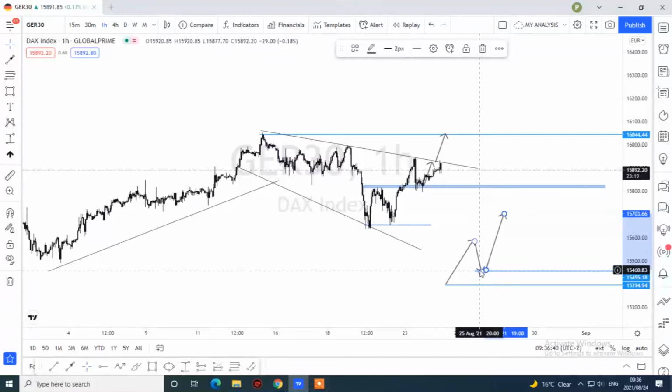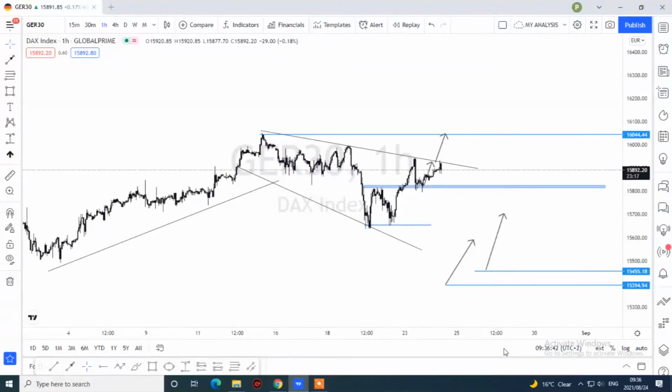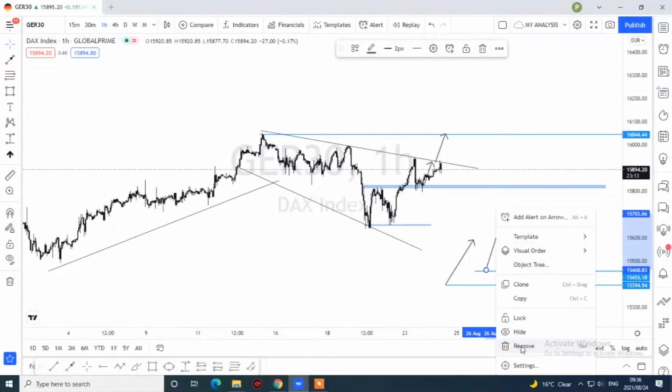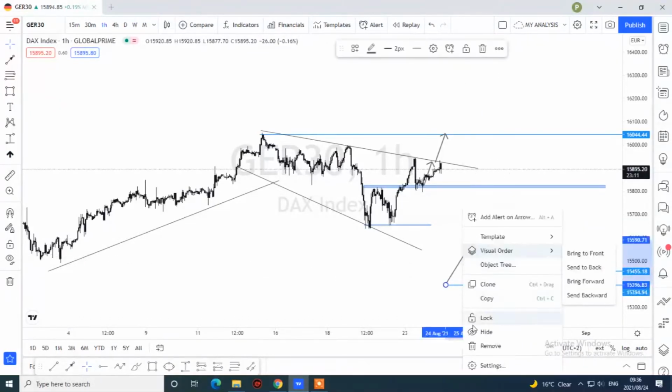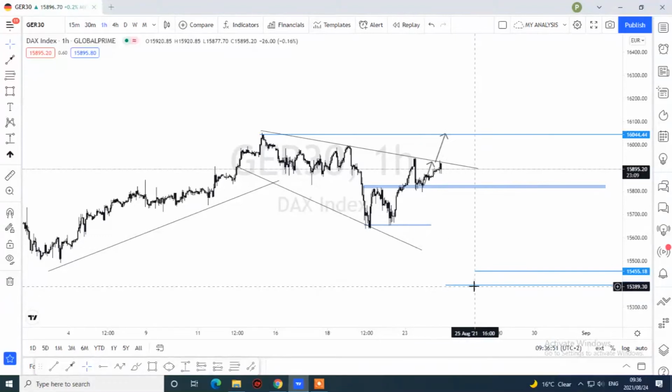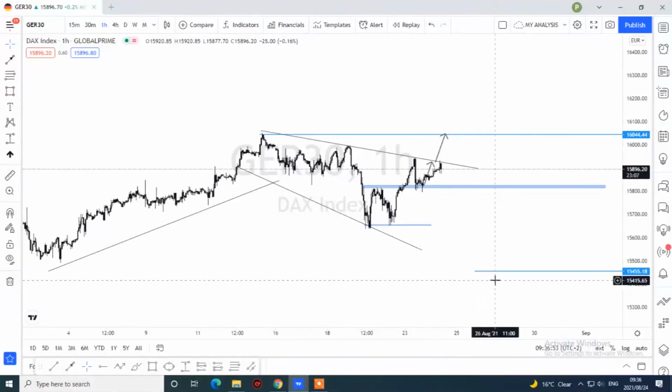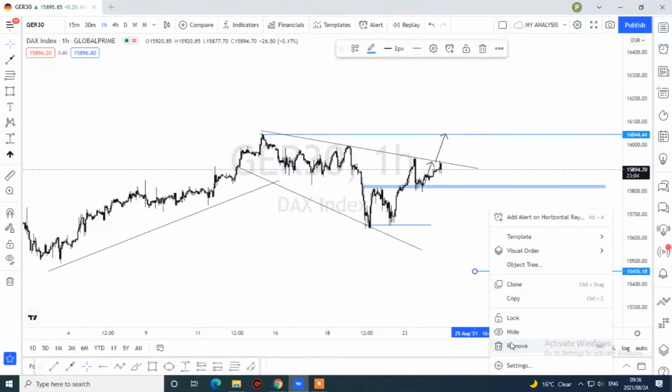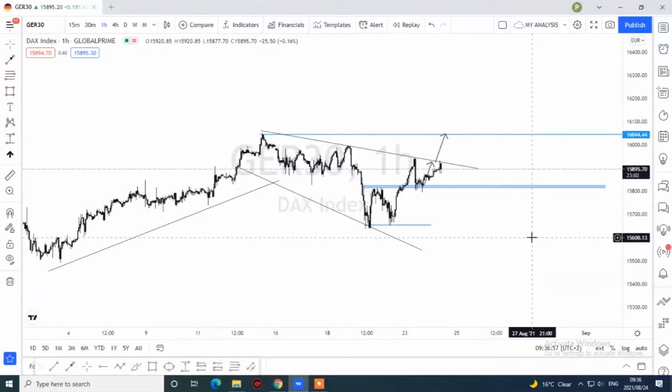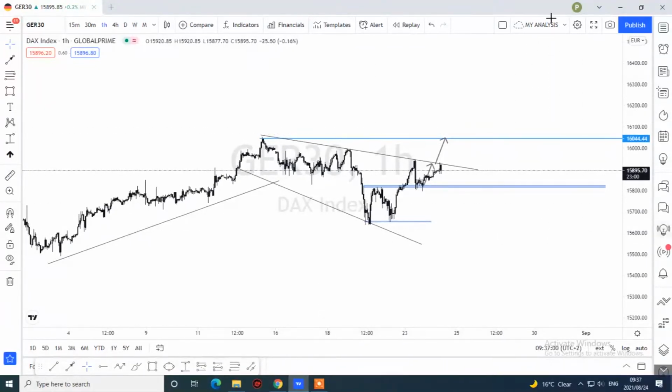But now it's actually on our resistance, sorry about that. So let's see if we can actually get, let me just remove this. Okay, so let's see if we can actually get something here, because I'm expecting the market to reach this point here.